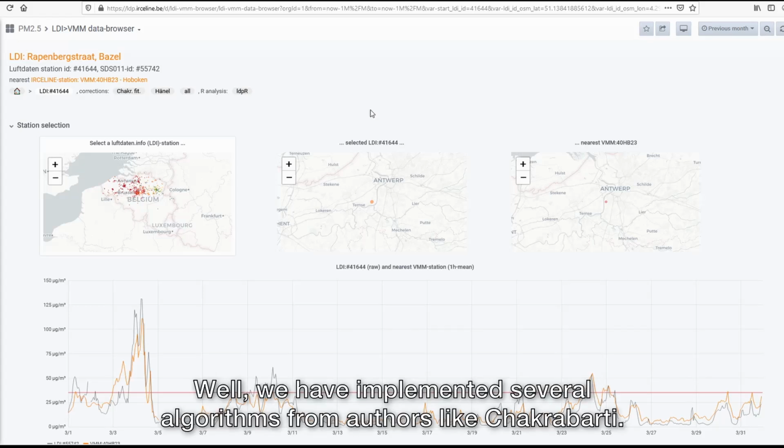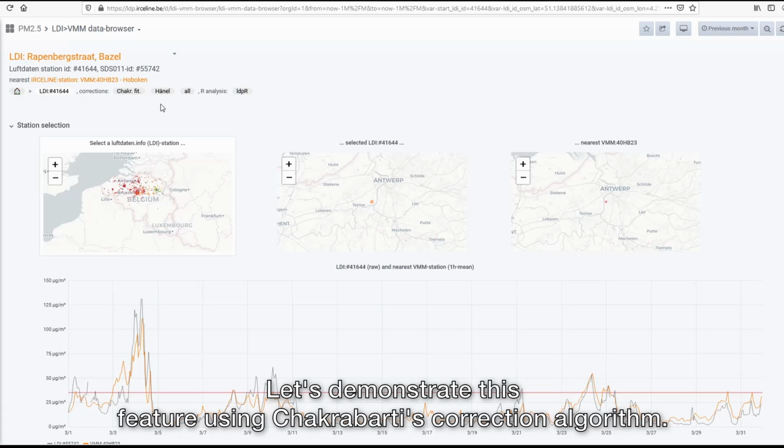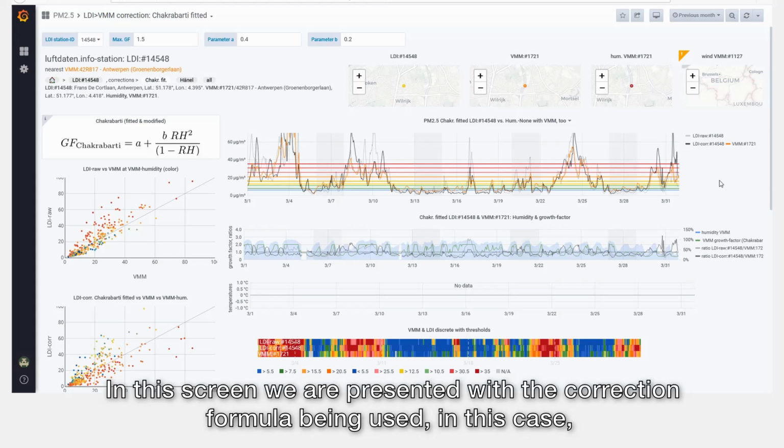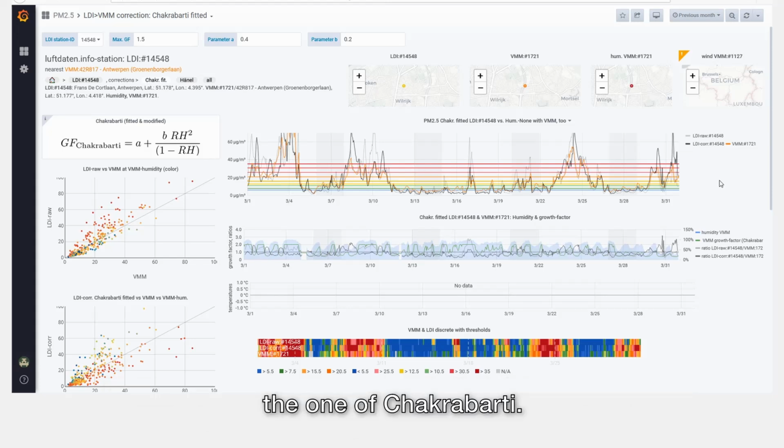Well, we have implemented several algorithms from authors like Chakrabarty. Let's demonstrate this feature using Chakrabarty's correction algorithm. In this screen, we are presented with the correction formula being used, in this case, the one of Chakrabarty.